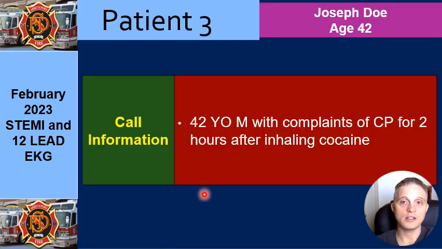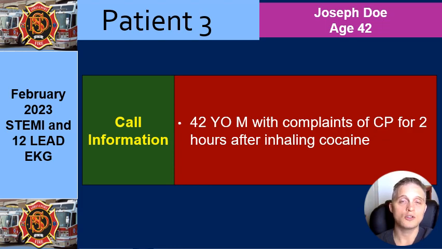So patient 3, Joe Doe, 42-year-old male with complaints of chest pain for 2 hours after inhaling cocaine. So we need to make sure that we are aware. Oh, I forgot to say, on the previous slide, which I can't go back because I'm recording, but there is one instance in which we need to be aware of a rash causing this, and that's tick-borne diseases, specifically Lyme disease.